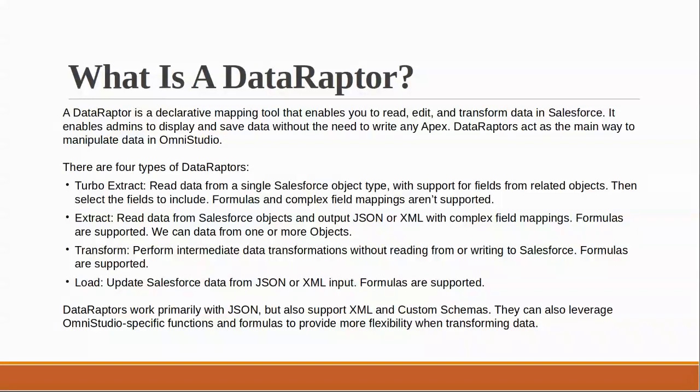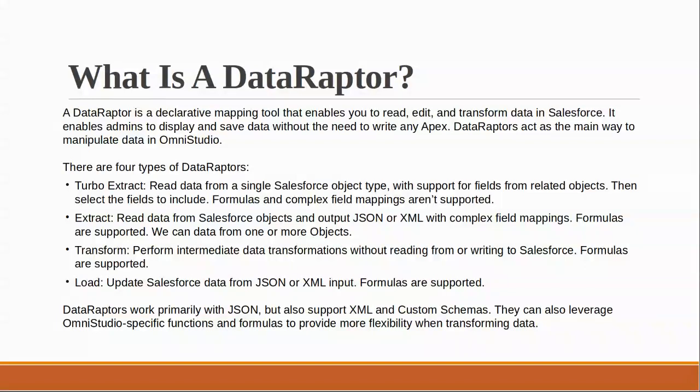Let's suppose there is a third-party system from which we are extracting data. There is no need to save the data to our Salesforce records directly. You can do the transformation directly with the help of DataRaptor Transform. Here also formulas are supported. Then we have Load over here. Basically, it updates the Salesforce data from JSON or XML input, and here formulas are supported. So this is the description of the four flavors.